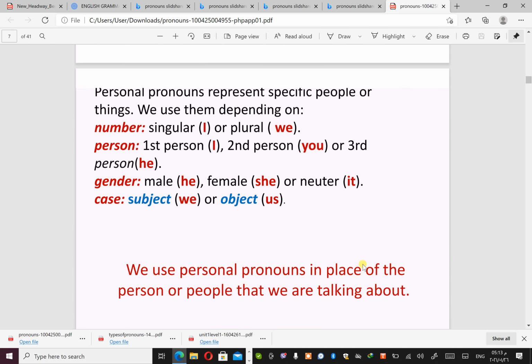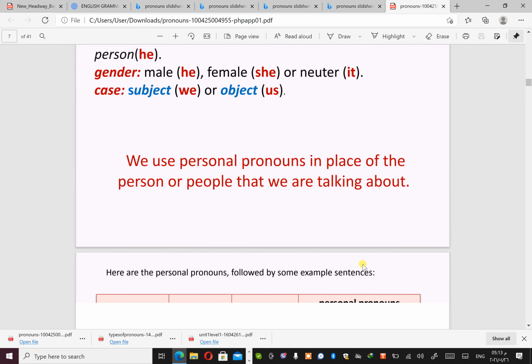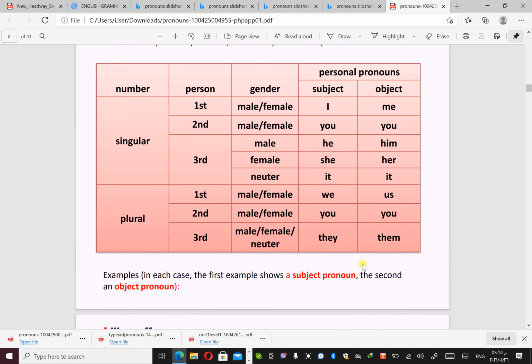Now if we talk about the personal pronoun, it can be a subject pronoun or an object pronoun. The subject pronouns are I, you, he, she, it, we, you, they.